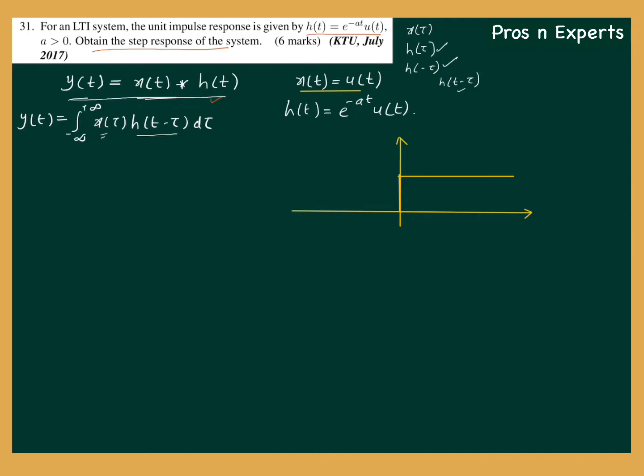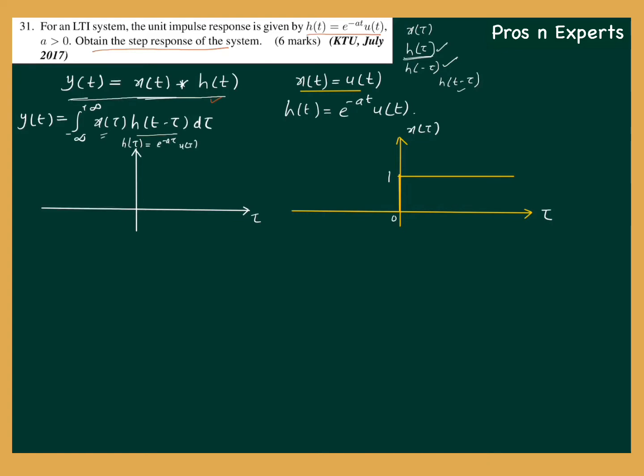So this is our x of tau on the tau axis, and the amplitude is 1. Now we have to draw h of tau. h of t is equal to e raised to minus a t u of t, given in the question. So h of tau will be e raised to minus a tau times u of tau.